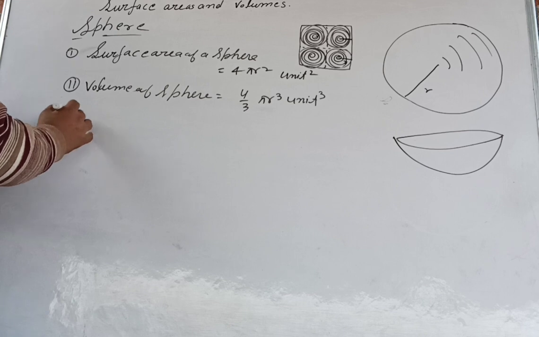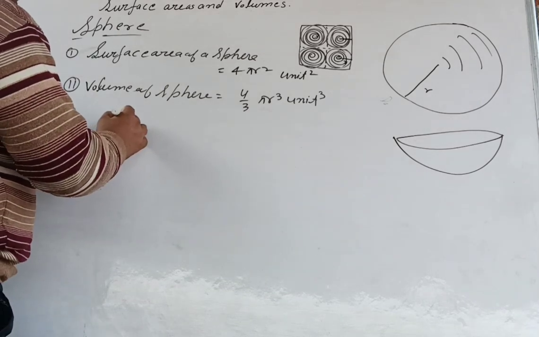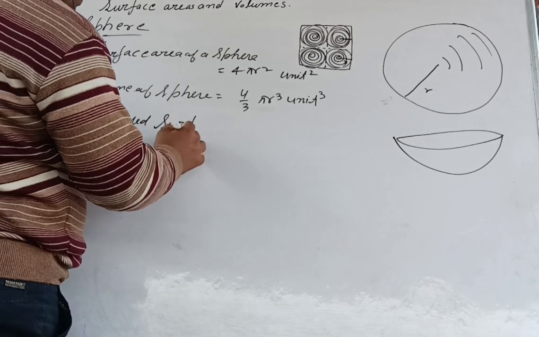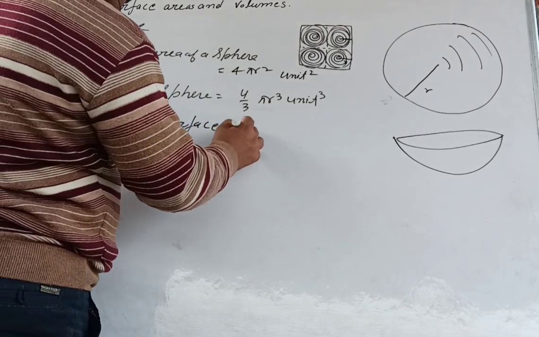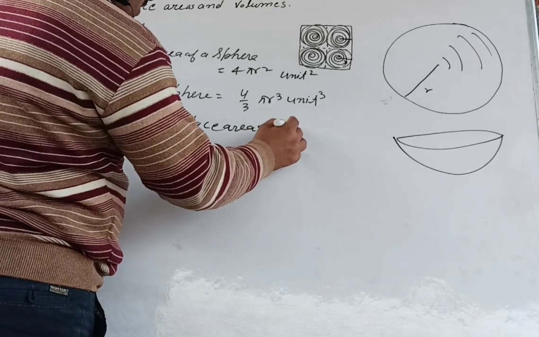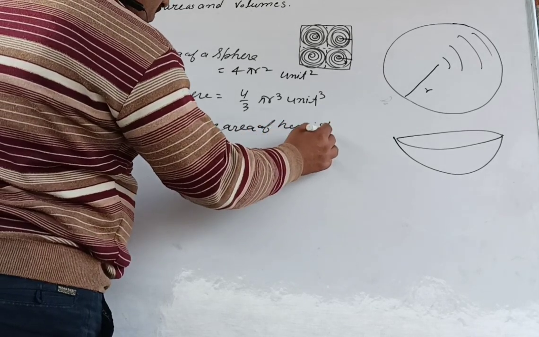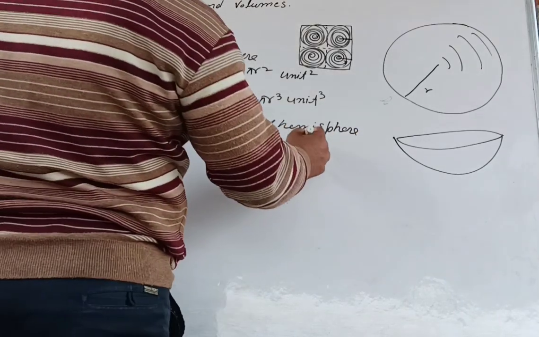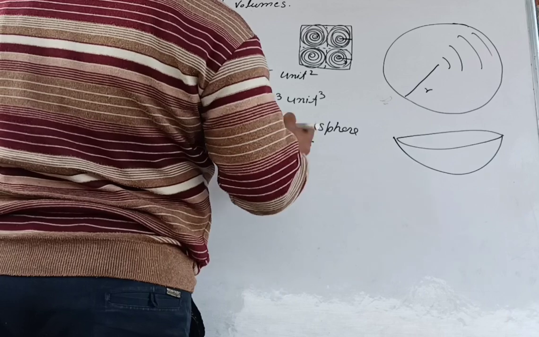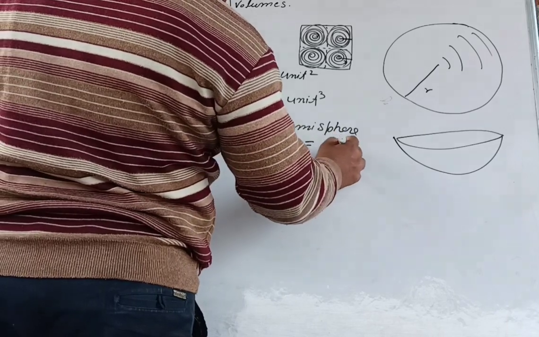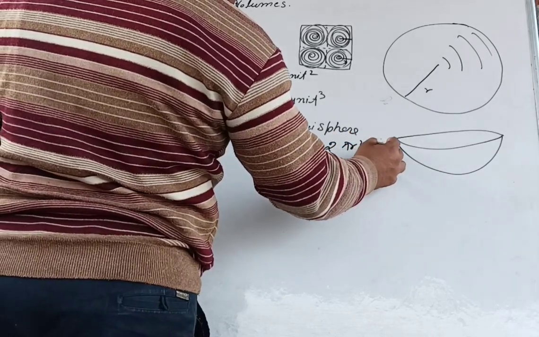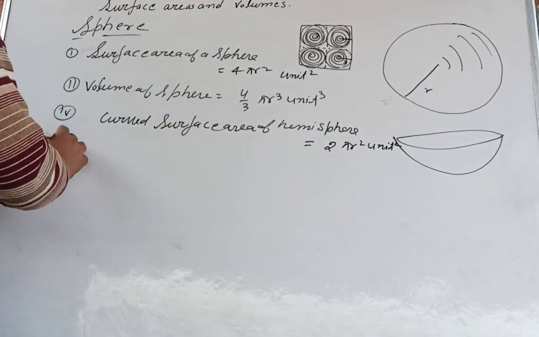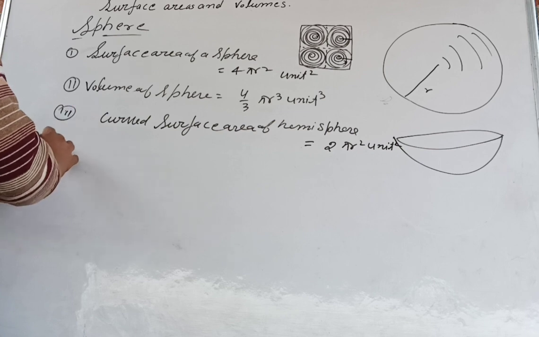Therefore, the curved surface area of hemisphere is equal to 2 pi r square unit square. This is the third and this is the fourth.